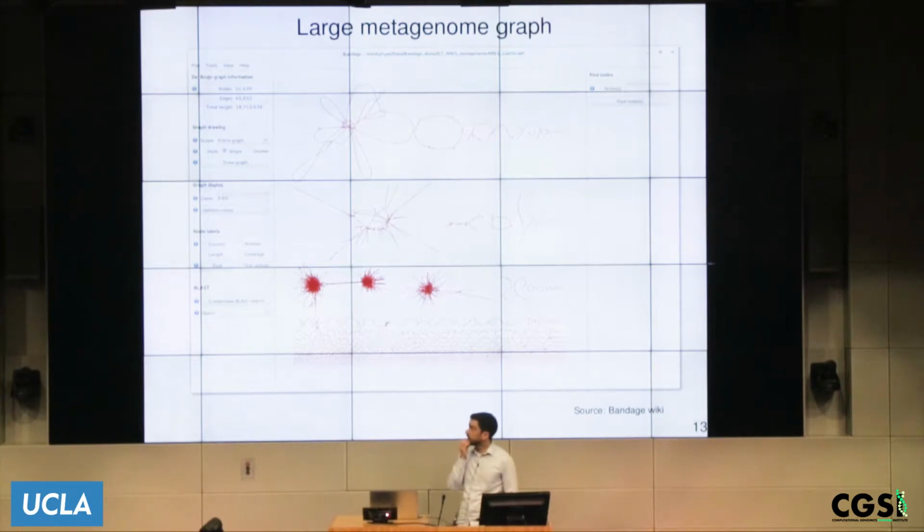This is what the graph from a metagenome looks like, visualized using the very nice Bandage software. This one is a small metagenome, with a total length of 18 megabases. It has 50,000 nodes. It's tempting to say that each component is a genome.